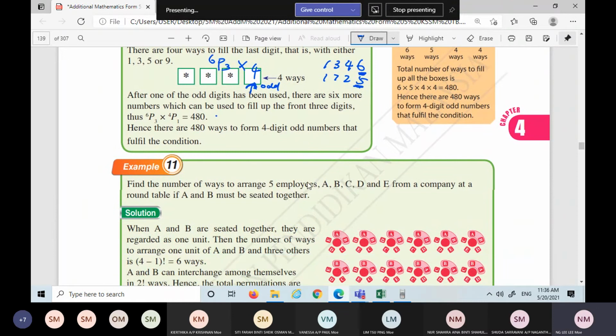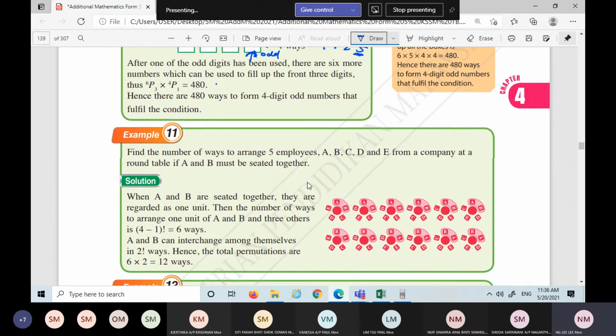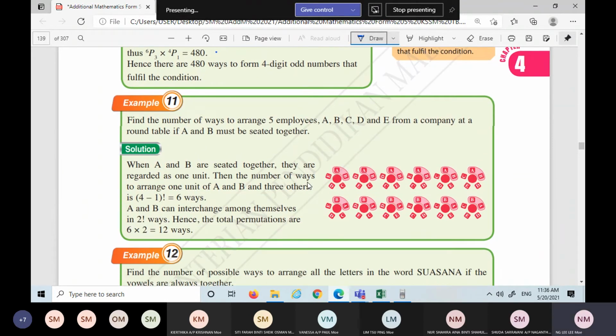Example 11. Find the number of ways to arrange 5 employees A, B, C, D, E from a company at a round table if A and B must be seated together. A and B are good friends, so these two must be seated together. So now we think again.